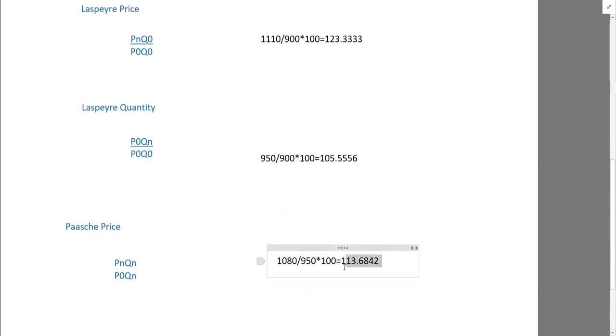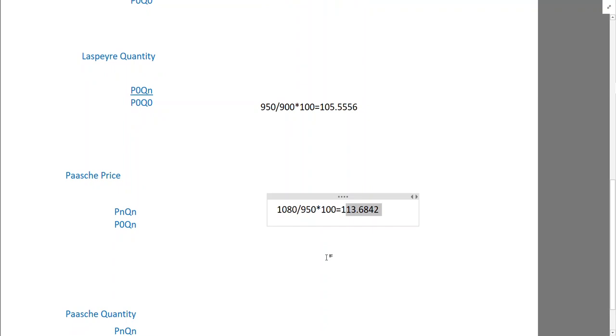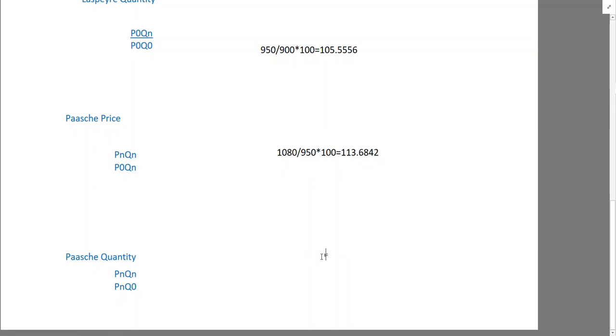So it shows a lower increase in price, because maybe now we are using different quantities. And then quantity index, we keep the price the same but latest.